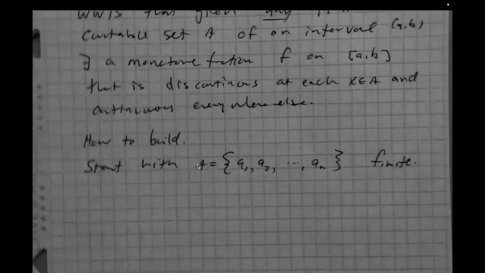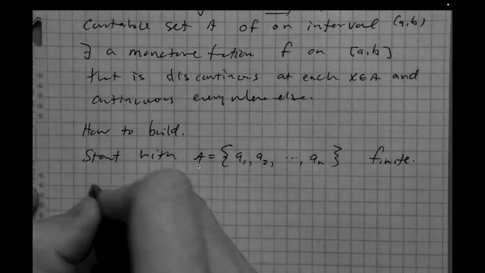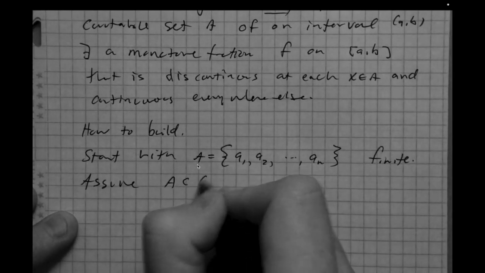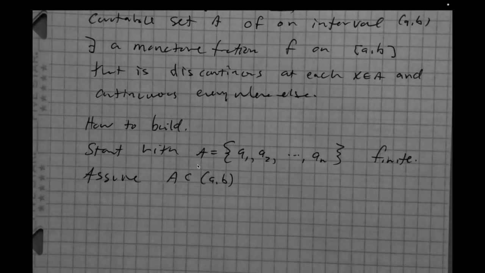That's just because it makes the setup a little easier, but it's trivial to extend it to countable. And we'll assume A is a subset of an interval AB that you're also given. So you give me the interval, you give me a subset of it. I can create a monotone increasing function that is discontinuous at every element in the set and continuous elsewhere.